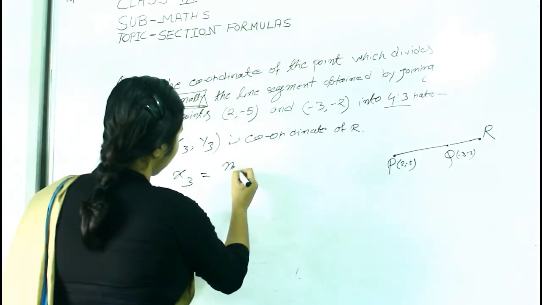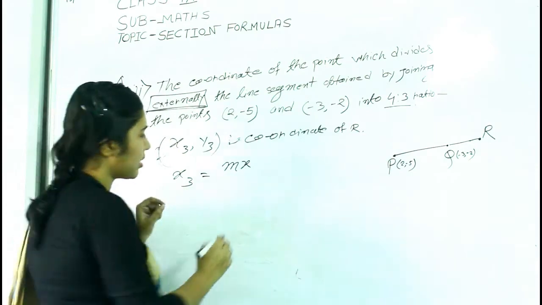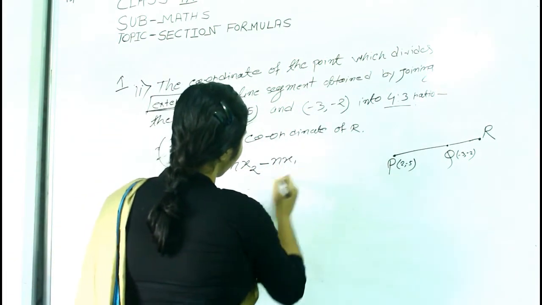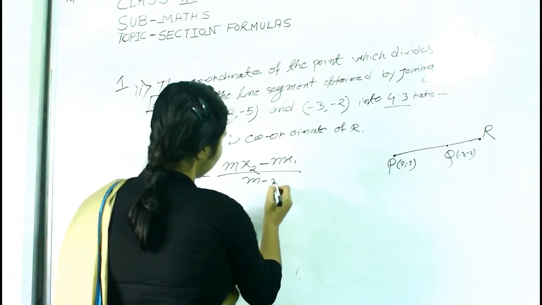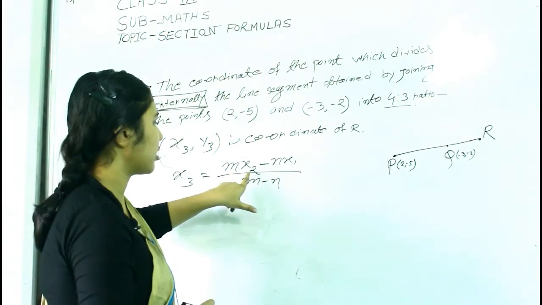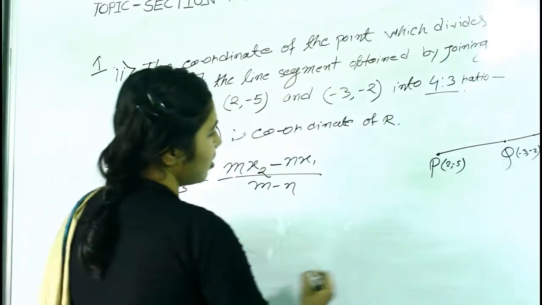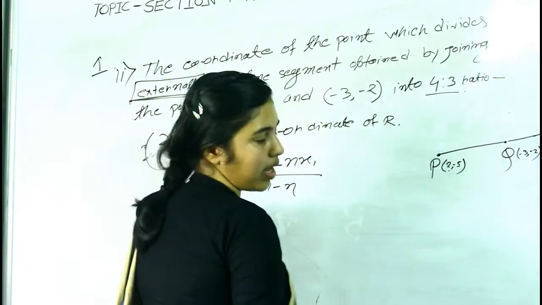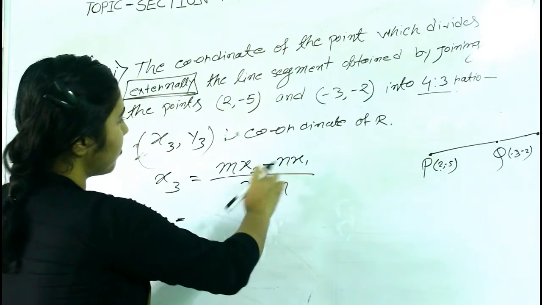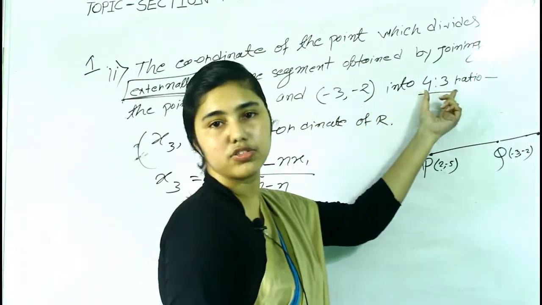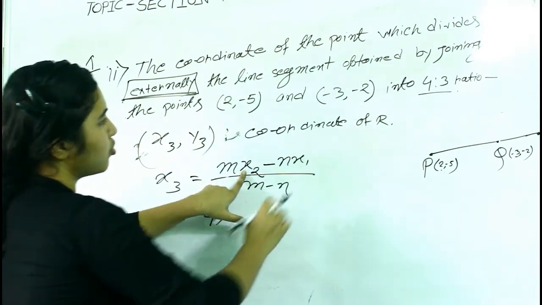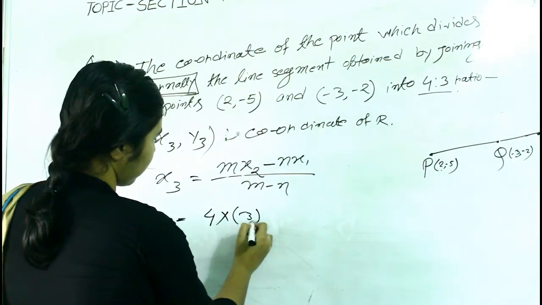So in that case, our formula is (m x2 - n x1) by (m - n), right? Now put the values of m, n and x1, x2. So here x1 is 2 and x2 is -3, right? And the values of m and n are 4 and 3.